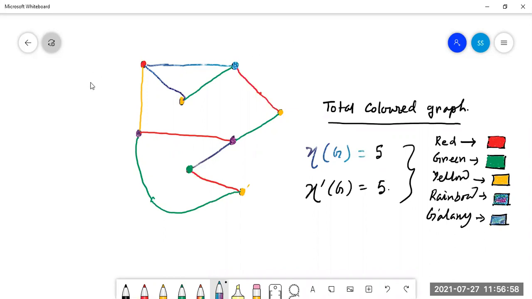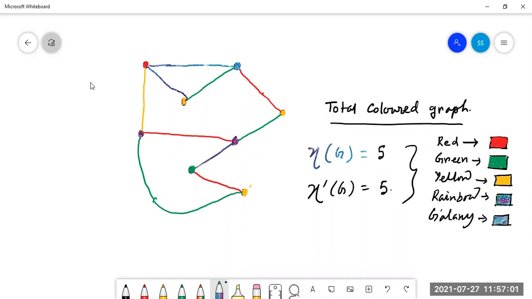So this is the proper coloring of this graph, or total coloring of this graph. Is this understood? We are going for the next part.